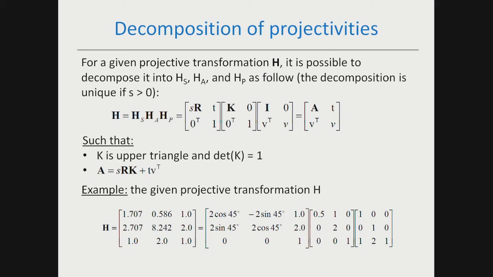For example, we want to subdivide this into three matrices, HS, HA, and HP, which, if we multiply them together, will give us the projective transformation. The subdivision is meant to create an affine transformation. So let us look at this one, for example.